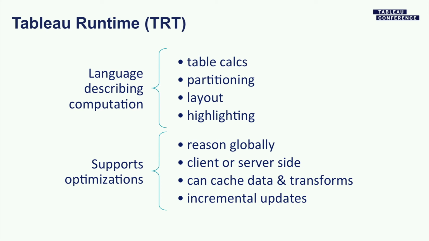So if it's large, complex data, we push that work to the server that can handle it. If it's simpler, smaller data, maybe we push that up to the browser, and now you can get a lot better fast interactivity in the browser rather than having to do round trips to the server. It gives us the ability to cache information so that we can serve it up faster, and it gives us the ability to do incremental updates.